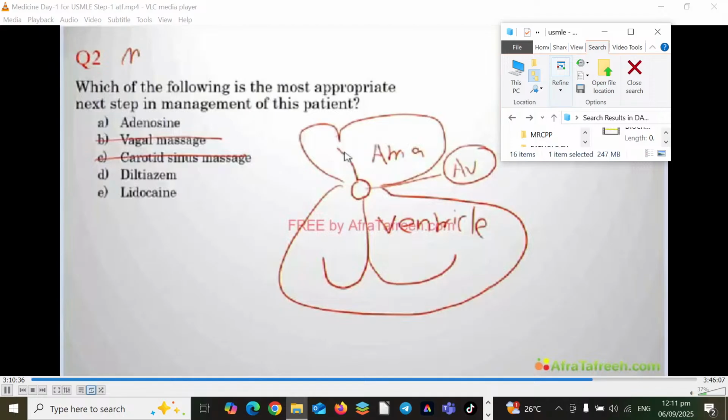But if you control via a beta blocker or diltiazem, what you're trying to control is your ventricular rate. That is an immediate strategy, not the long-term strategy. Am I clear with this? Is this point of atrial fibrillation management clear?